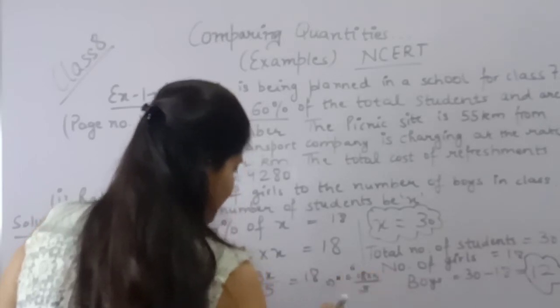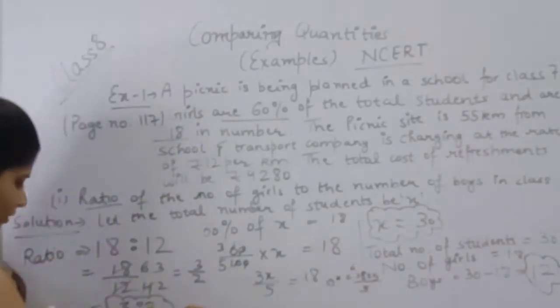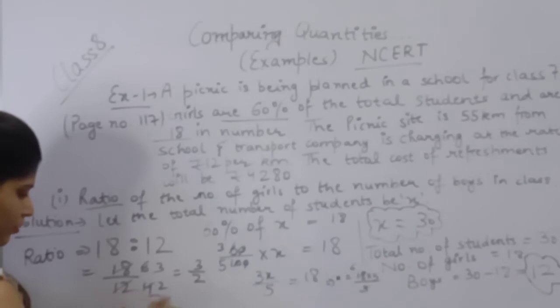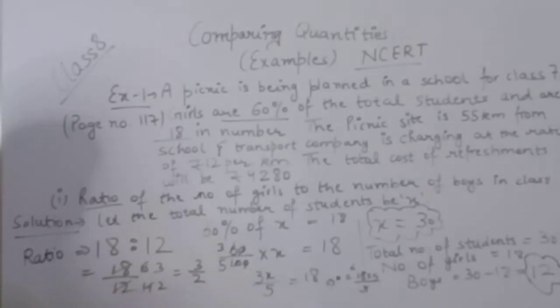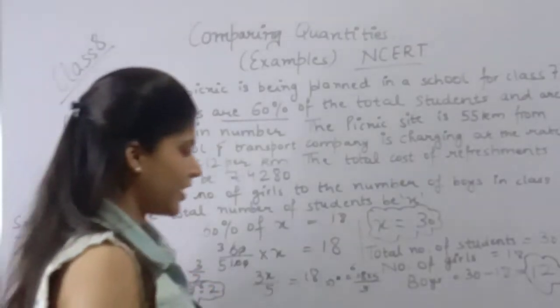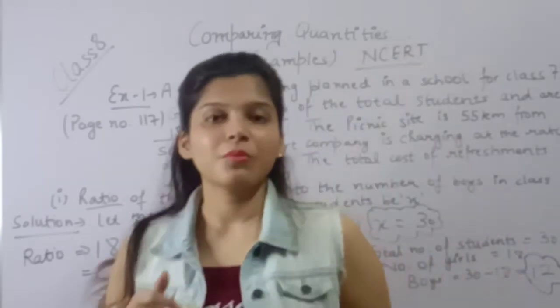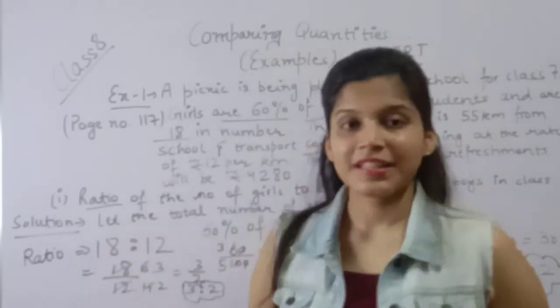So ये हो गया 6 and 5 6 are 30. Okay, and the ratio comes out to be 3:2. So this is the ratio, 3:2. Okay, so this was part number 1. Now let's come to the next part.